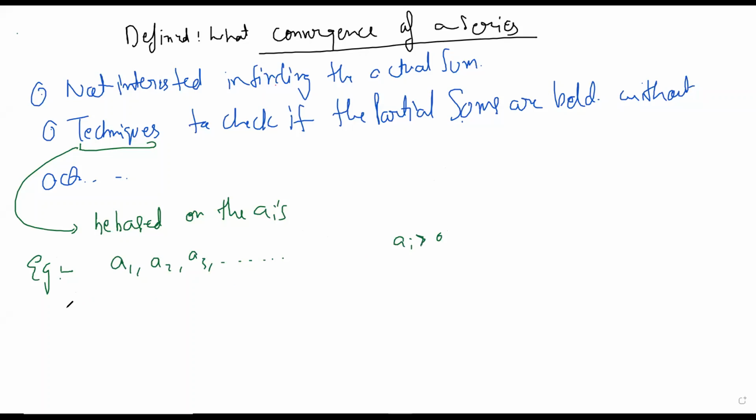Now, it's given that the limit of Ai is equal to 1 as i tends to infinity. So you see, this is just information that's given about the terms. Now from here, what can you say about the summation of the series?